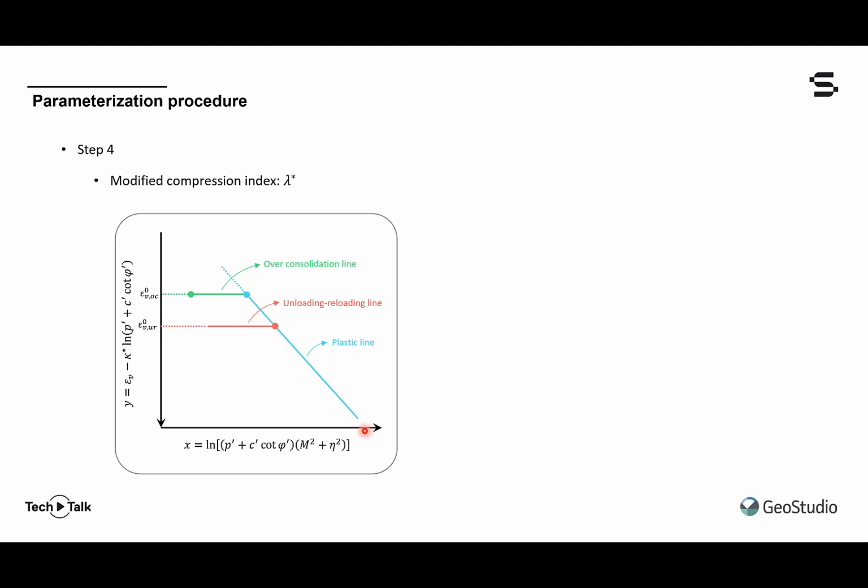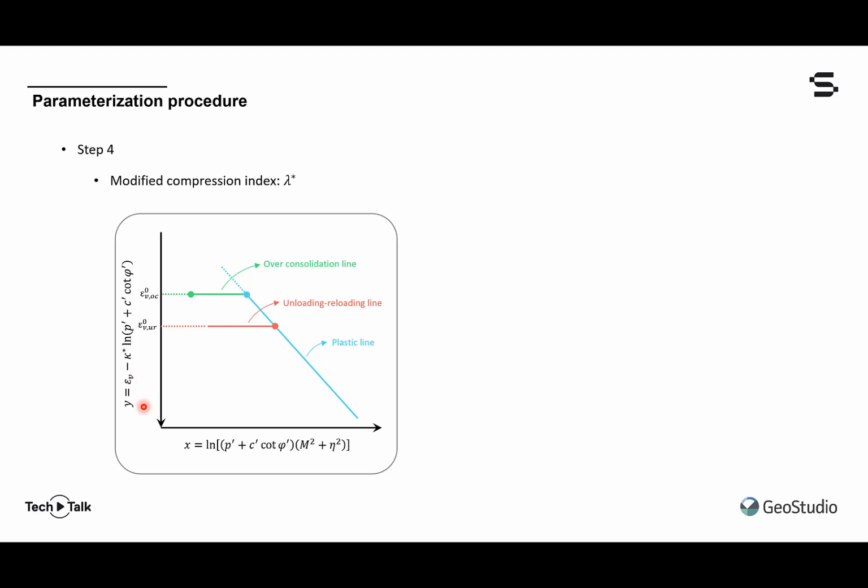So you'll notice that the x and y axes in this space are functions of the measured parameters, the accumulated volumetric strain, which is right here, and then p and q, of course, are stress invariants, and then the constants phi prime, the effective friction, c prime, the effective cohesion, and our modified swelling index, kappa star.